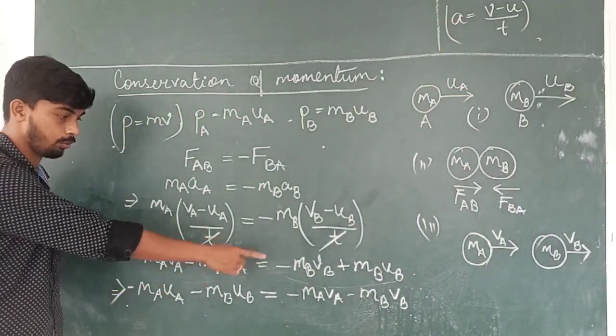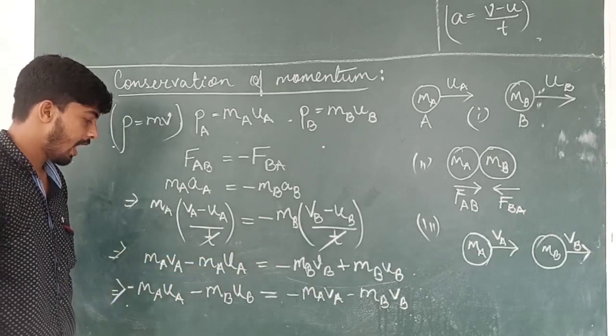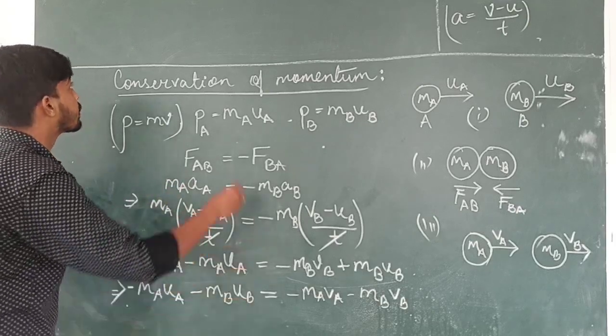Now we will remove those minus signs by multiplying the equation by minus, and we will see what happens afterwards.